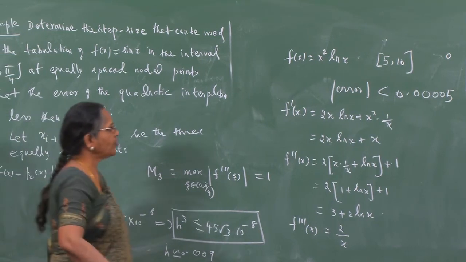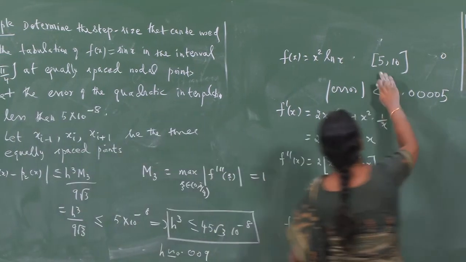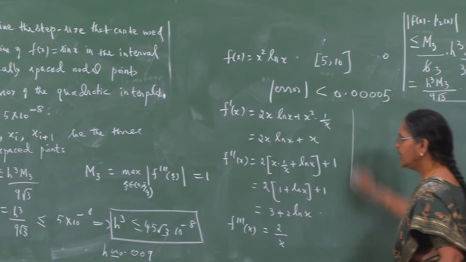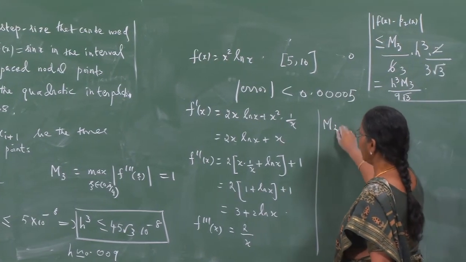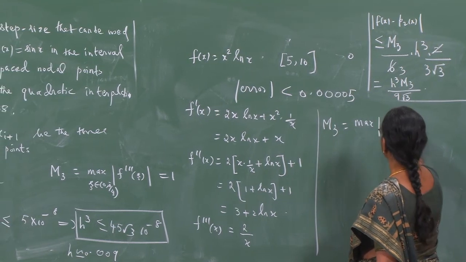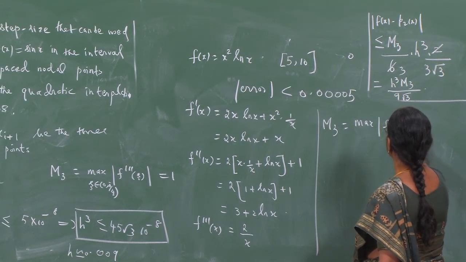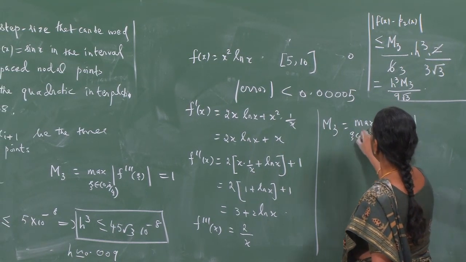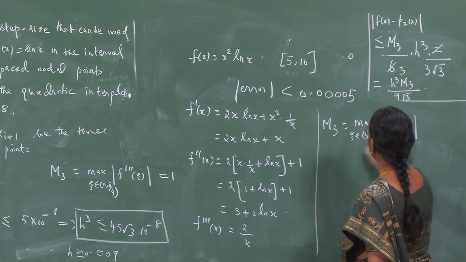Where does x belong to? x belongs to the interval 5 to 10. And what do I want? I want M3, which is the maximum of the modulus of f triple dashed at psi, for psi in the interval 5 to 10.